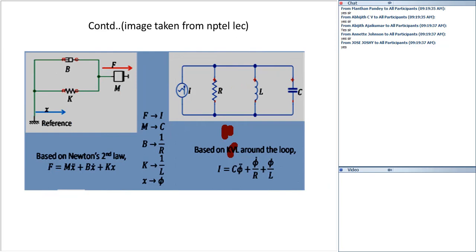KCL at node should not be based on KVL around the loop, it should be KCL at node.